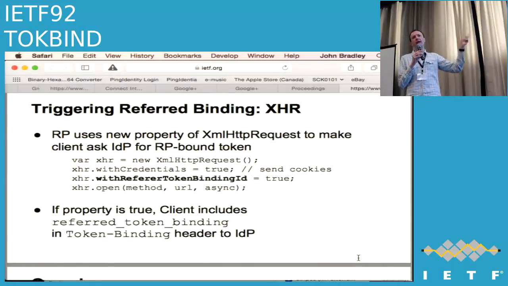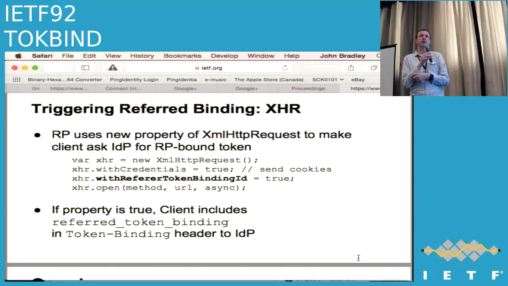So we're saying, let's just invent one more flag that you can set. This JavaScript would be executed by the RP, in the origin of the RP, which is preparing in this example snippet an XHR that gets fired off to the IDP. So they can add a flag here that says, by the way, it's okay that you include this extra referred token binding in that header that you're sending to the IDP.